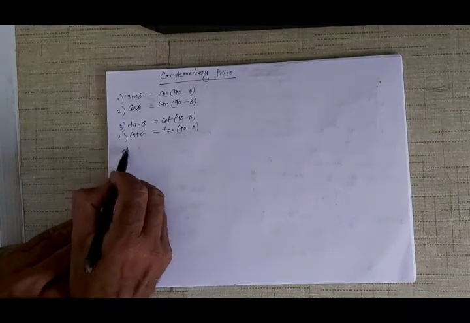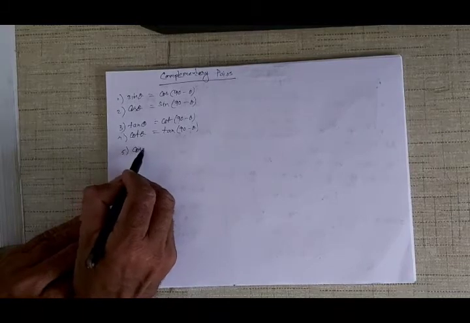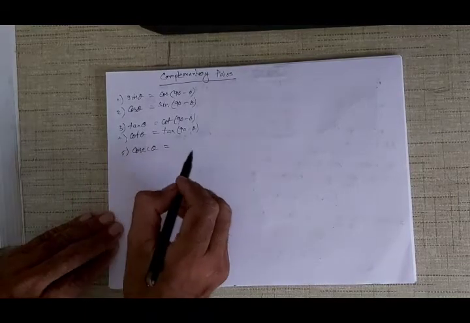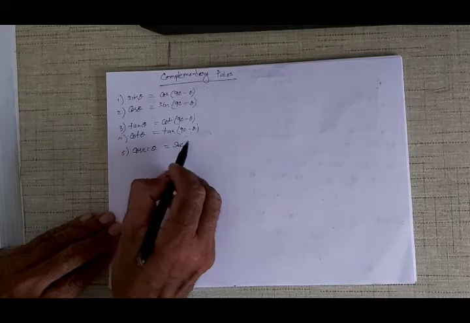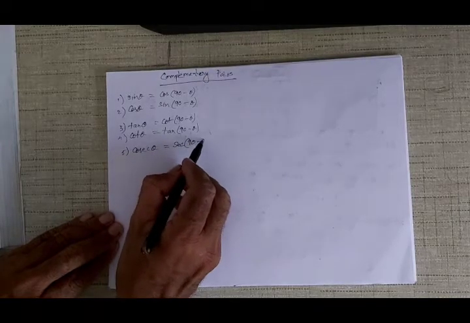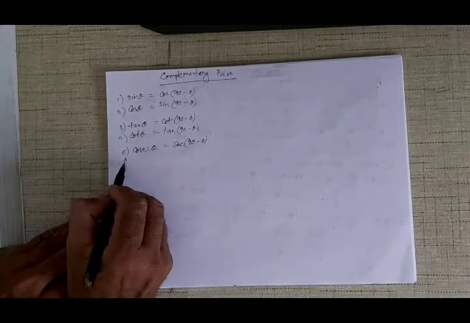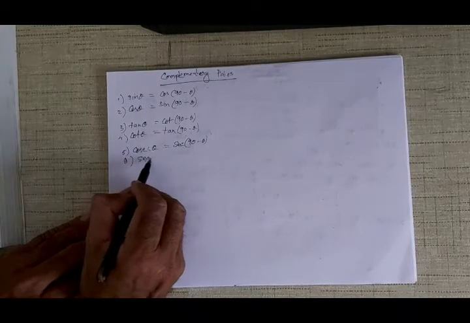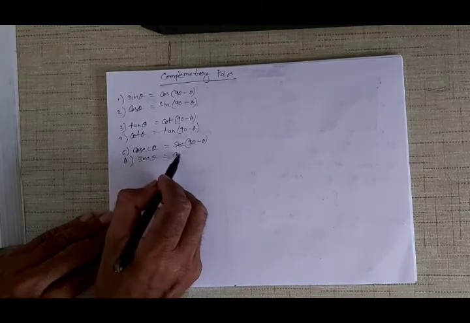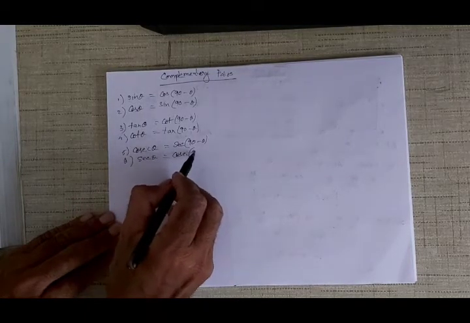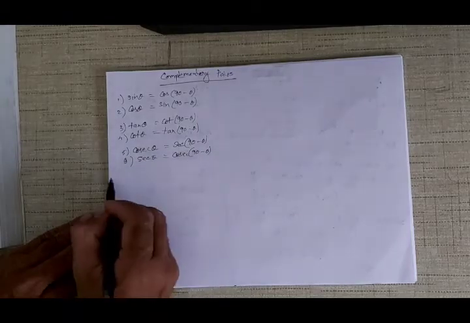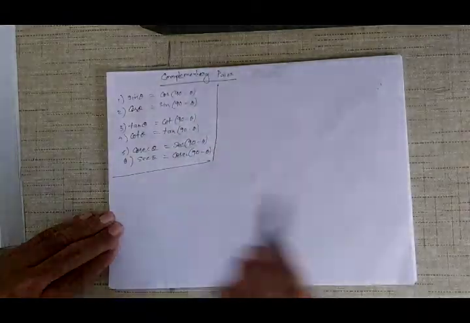The fifth and sixth pair: cosec theta equals sec(90 minus theta), and sec theta equals cosec(90 minus theta).